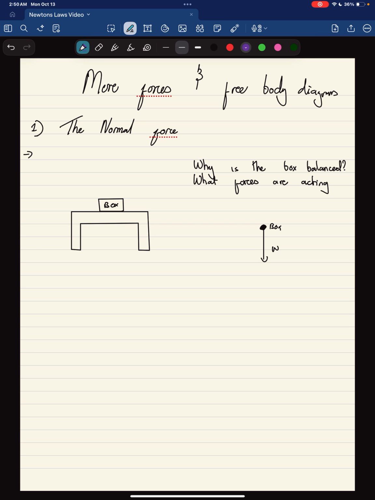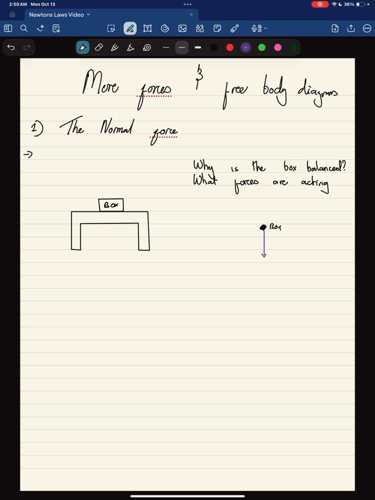But why doesn't the box just start rolling around or become imbalanced? Why is everything in perfect symmetry? Why is the box just not moving?